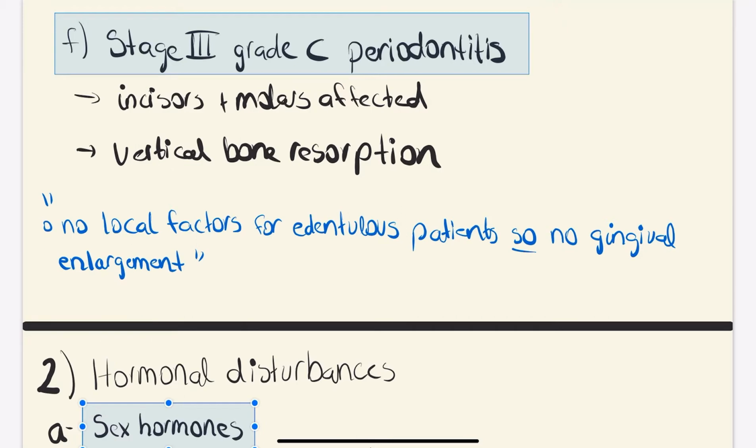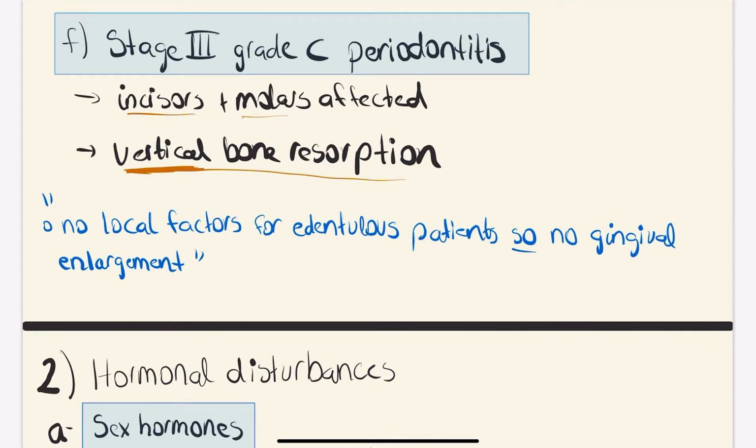Just to summarize it, here the incisors and molars are affected, and it leads to vertical bone resorption. There's a difference between vertical and horizontal. The vertical is much better than the horizontal, as you can do bone graft in the vertical type and not in the horizontal type.